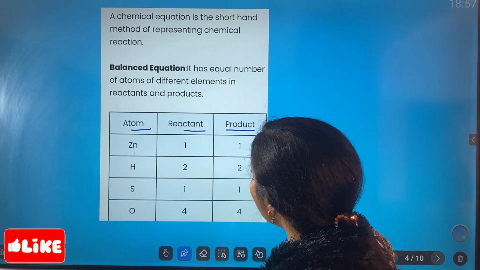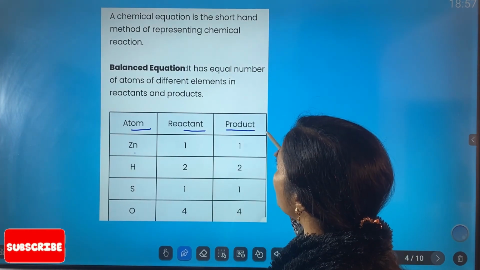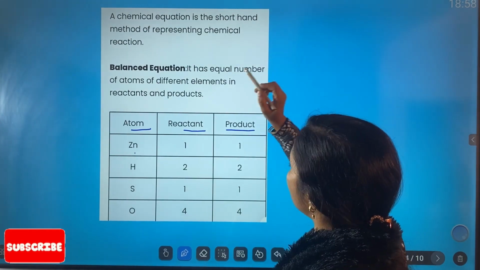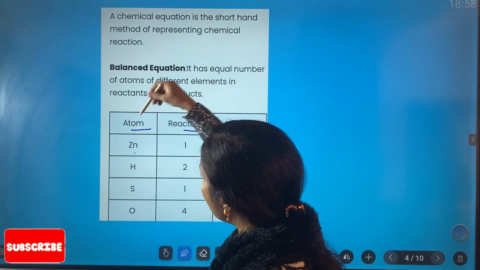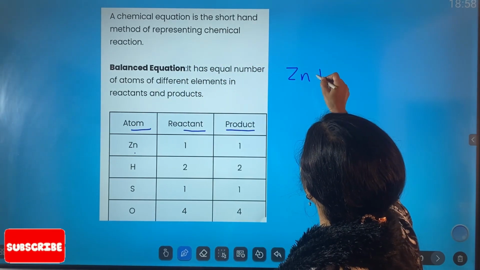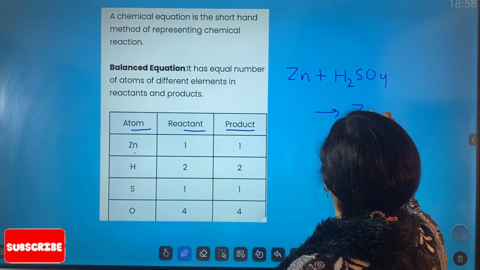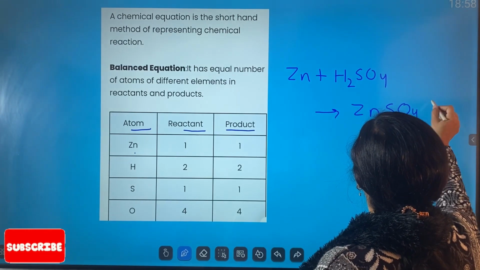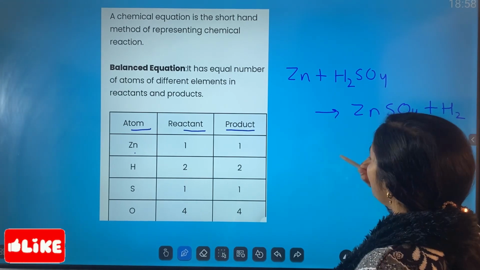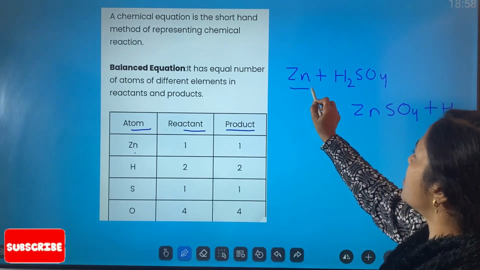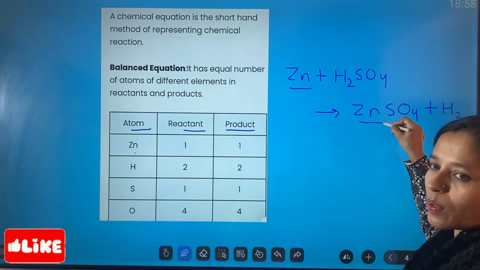So in this way we are going to balance it. So in the equation, suppose, if I just write this equation, I am repeating it. According to this equation, you can see the number of atoms: zinc here 1, here also 1.